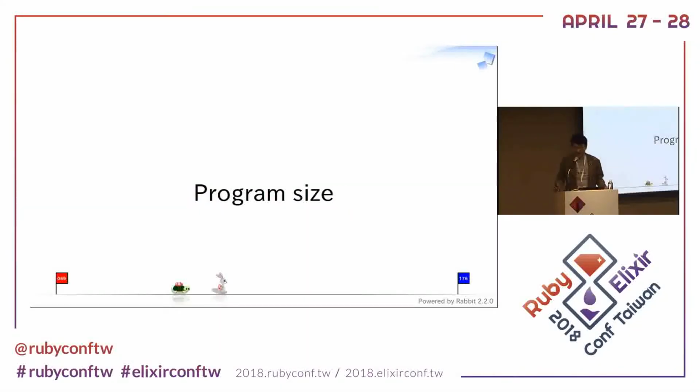With static types, we can find more errors at compile time, so that they can be more productive in a way, and that is a good aspect.